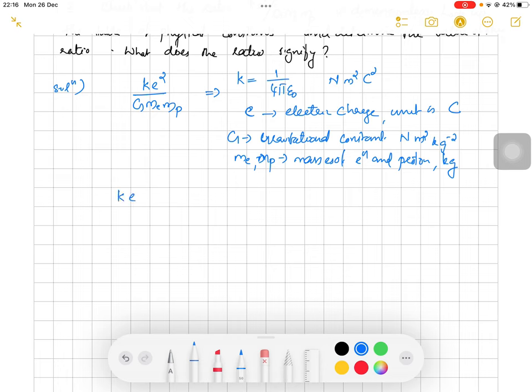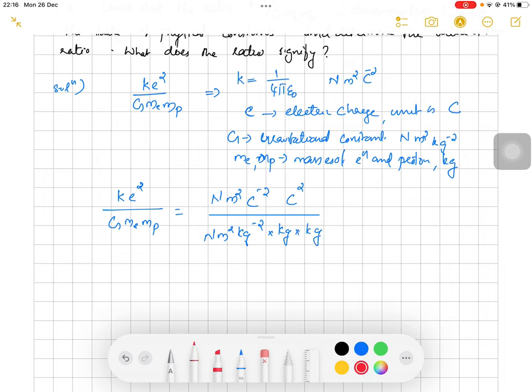Now write again ke² by G me mp with the units. The unit of K is Newton meter square per Coulomb square. Then e square is Coulomb square, divided by the unit of G, Newton meter square per kilogram square, and the mass of electron and mass of proton in kilograms.